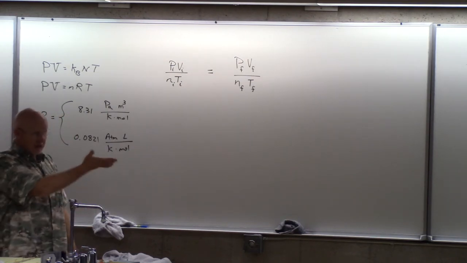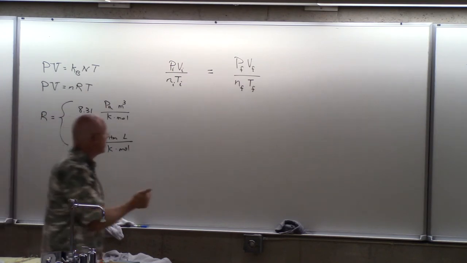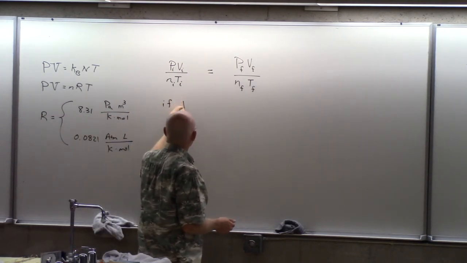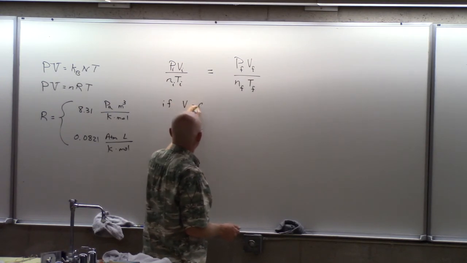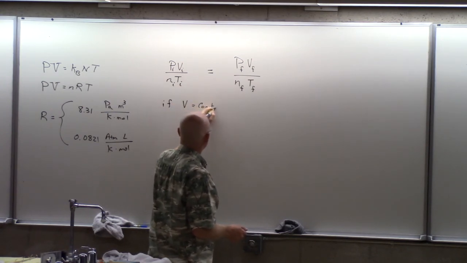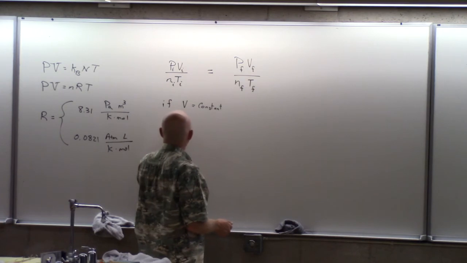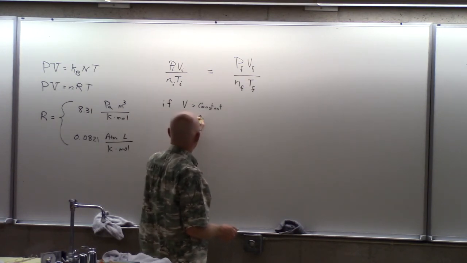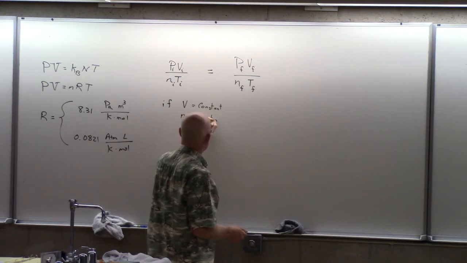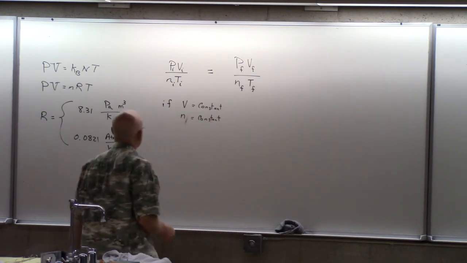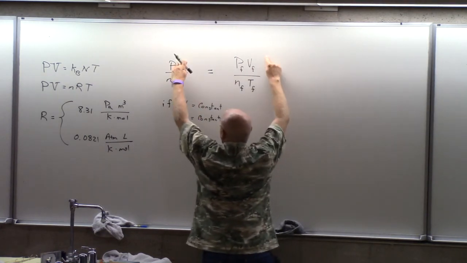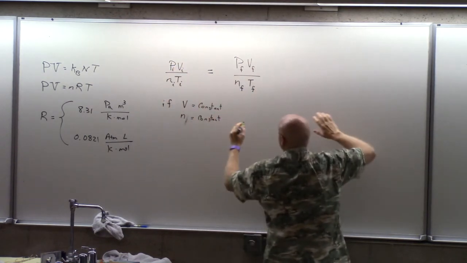You might have noticed in that experiment I just did, I would say this, and so I'm going to put: if the volume is held constant, and if the number of molecules is held constant, because that's what I just did, this would say the volumes would cancel off and the number of molecules would cancel off.